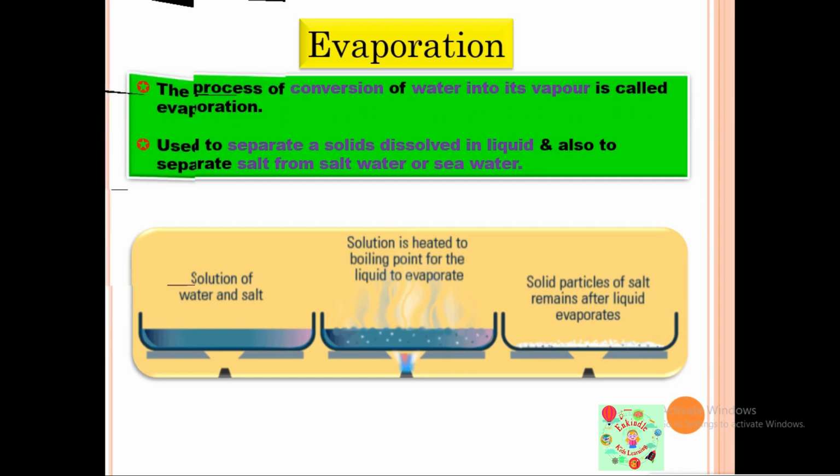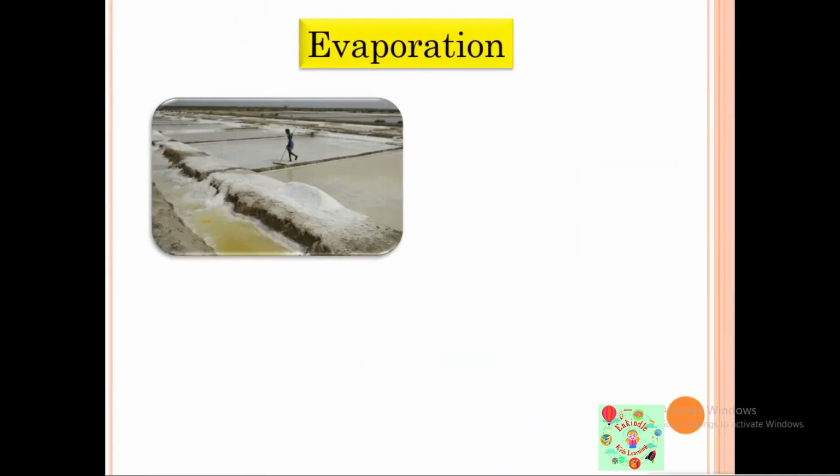How is this done? Let's take a look. First, seawater is allowed to stand in shallow pits. Water gets heated by sunlight and slowly turns into water vapor through evaporation.